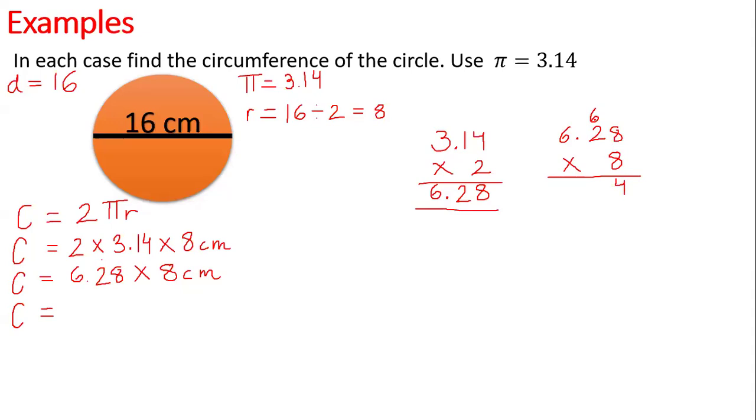Put the 2 down and put the 2 on top of the 6. 8 times 6 is 48, plus 2 is 50. Very good. So it's going to be 50.24. That's correct.